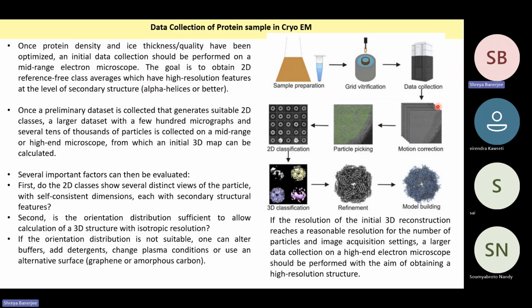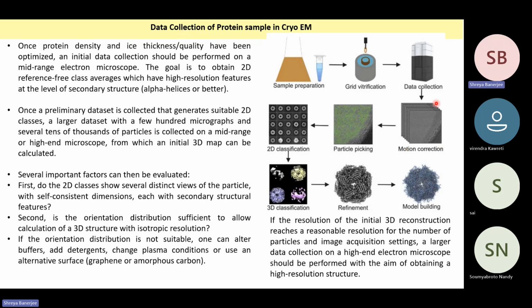Once this preliminary data collection is done that generates suitable 2D classes, a larger data set with a few hundred micrographs and several tens of thousands of particles is collected on a mid-range or high-end microscope, which forms the initial 3D map. So again, I'll explain.